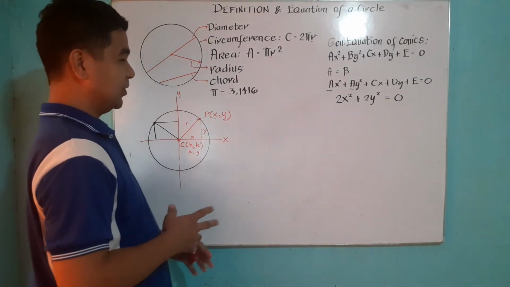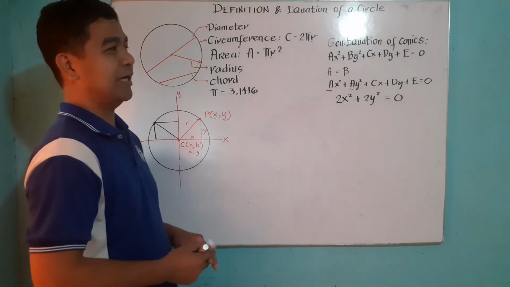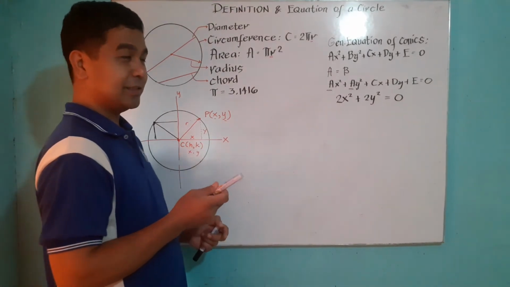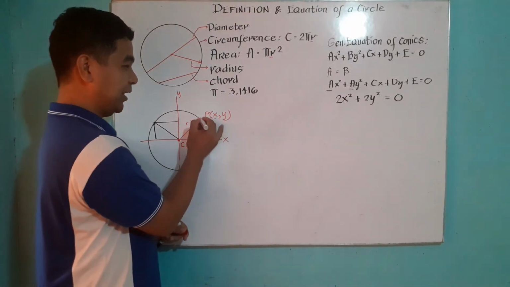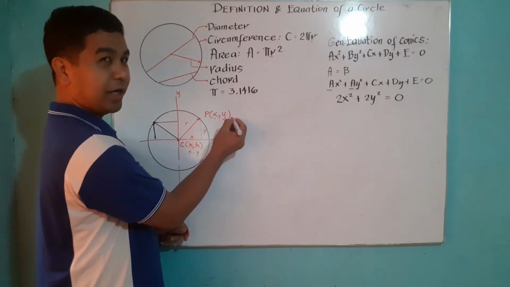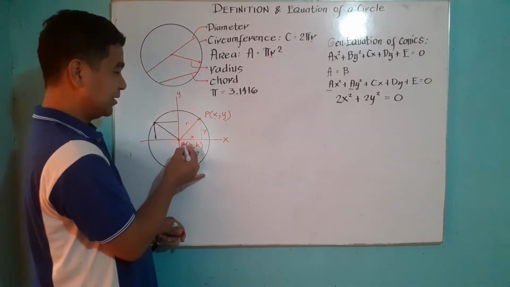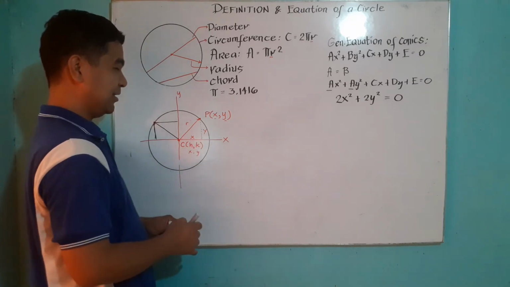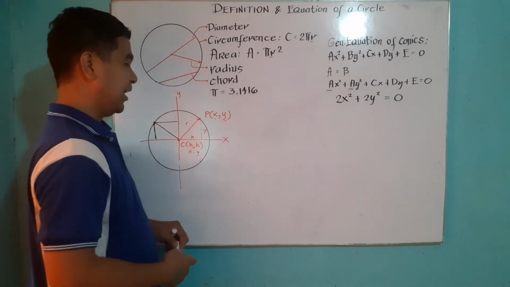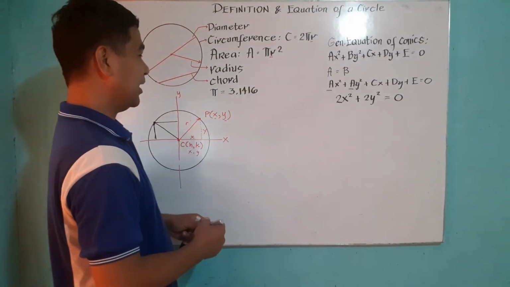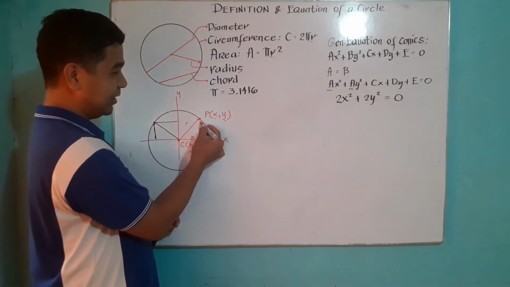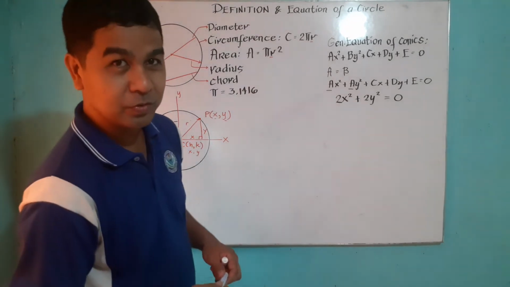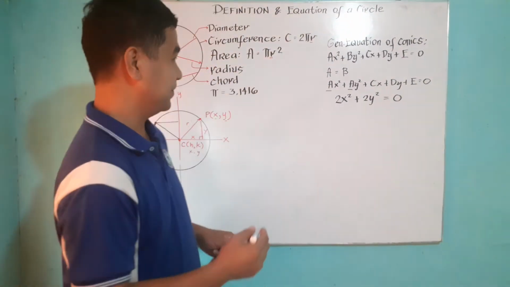Next, we are going to discuss how to get the standard equation of the circle. We are going to set a certain point P named x and y, and the center C at h and k. Here h is the x and k is the y. But actually we can create a right triangle and derive it through the Pythagorean theorem, from Pythagoras, the ancient mathematician.